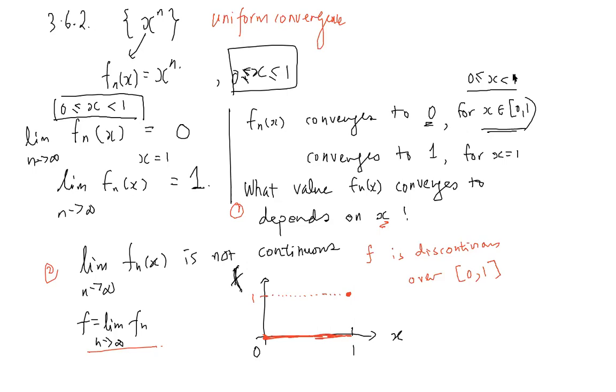Because you're talking about a different kind of convergence concept. So far, when we learned convergence for sequences of real numbers, that convergence concept is actually the same as pointwise convergence. Nothing new.